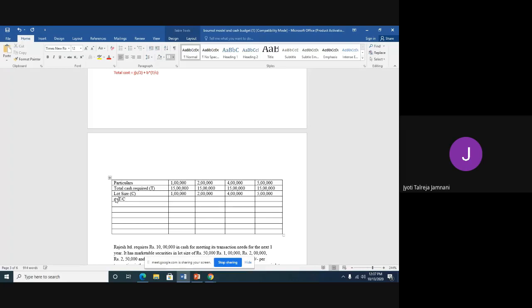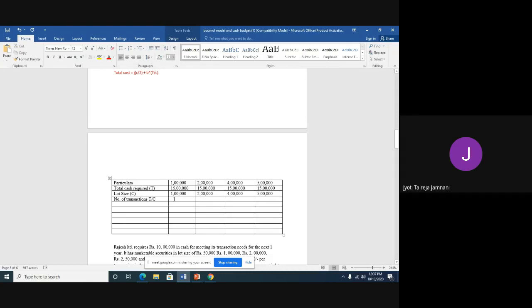So I'll write here number of transactions. Now we have to do T by C. So the T value for the first case is 15 lakh, and the C value is 1 lakh. So I have to do 15 lakh divided by 1 lakh.